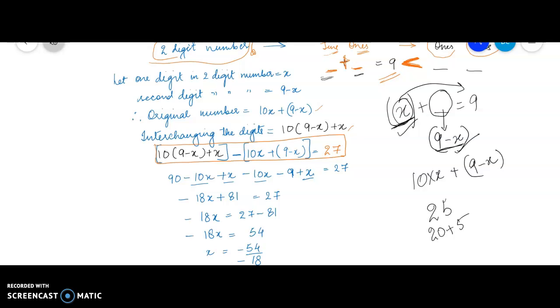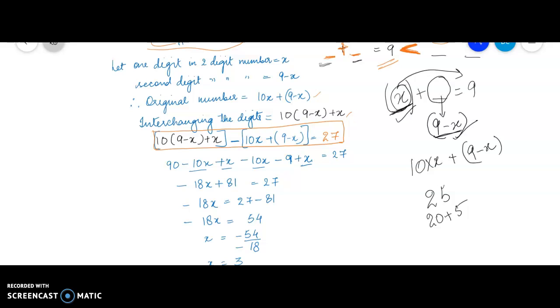Now if I want to expand this 20, I will write it as 2 multiplied by 10, and then what is left, plus 5. Fine, this is understood. 2 multiplied by 10 plus 5 is the same as 25.